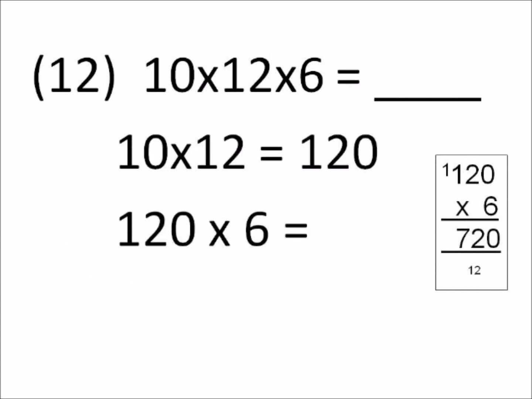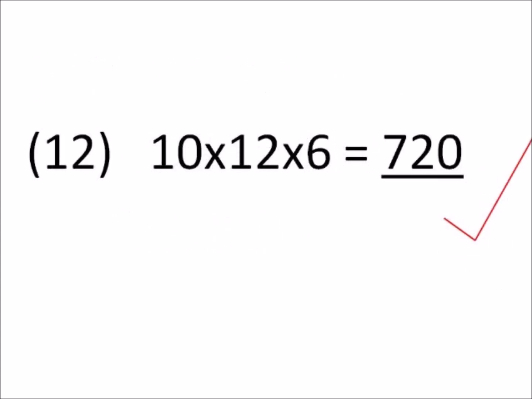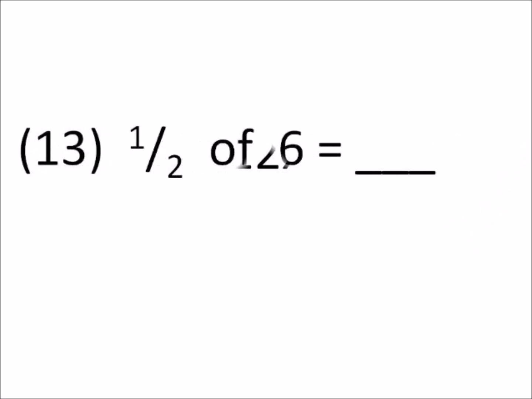Now when you get to 120, you have to multiply by 6. 120 times 6, let's multiply it. 6 times 0 is 0, 6 2s is 12, 6 1s is 6, and you add the 1 is 720. 720 when you do the final multiplication. Okay, so 10 times 12 times 6 is equal to 720. Okay, so don't be worried about the 3 numbers when you're multiplying.